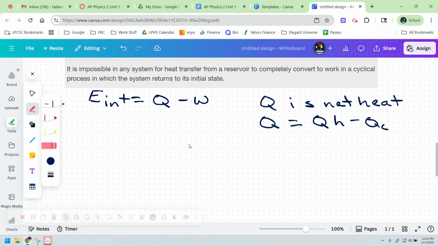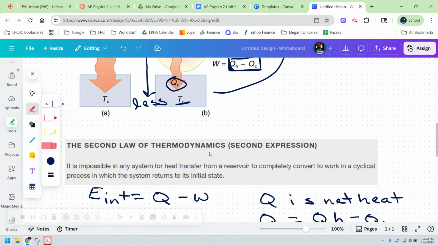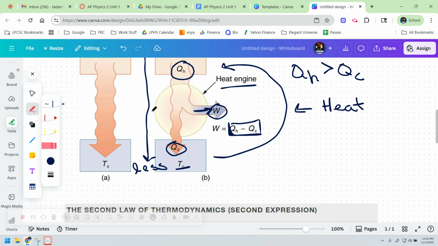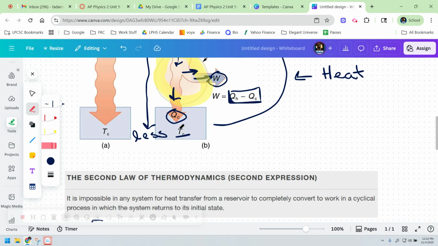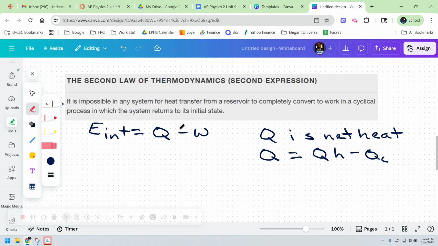And so the internal energy, because it's all leaving the system, right? If you think of this as being the system, you have heat coming in, work going out, heat going out. So the internal energy should be pretty close to zero.